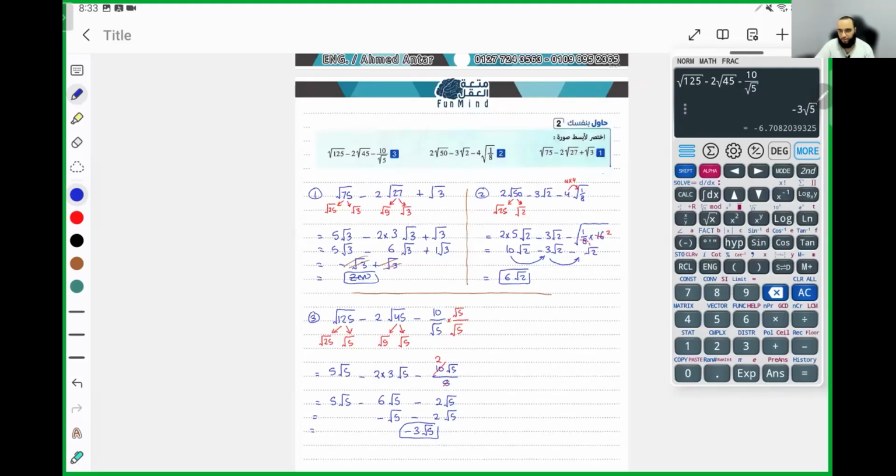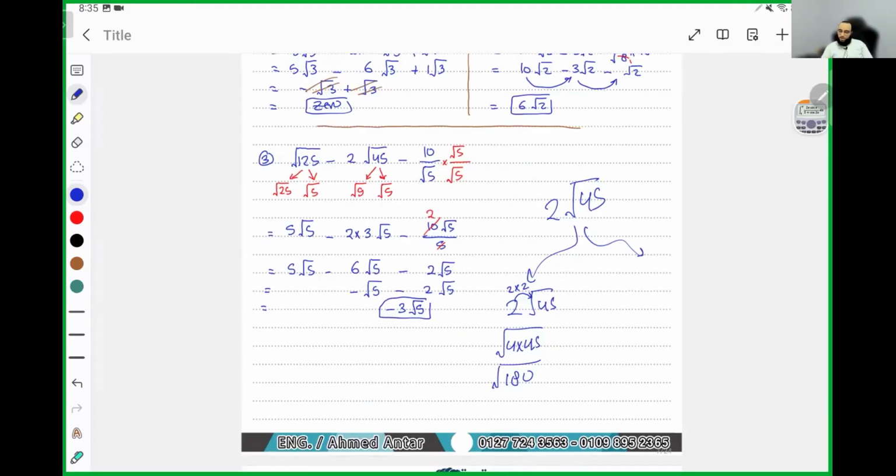Again, I think there is a problem in the screen sharing. Wait. You know, Nurhan, you can put 2 inside. But root 180, after that, you're going to decompose it into something like 18 by 10.